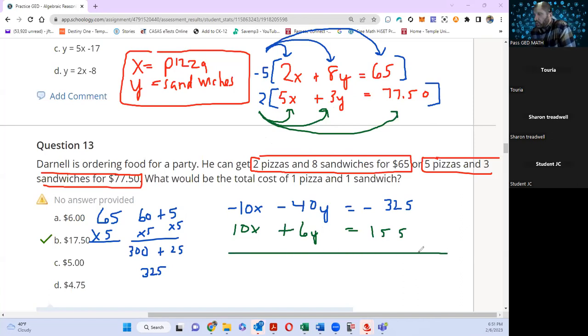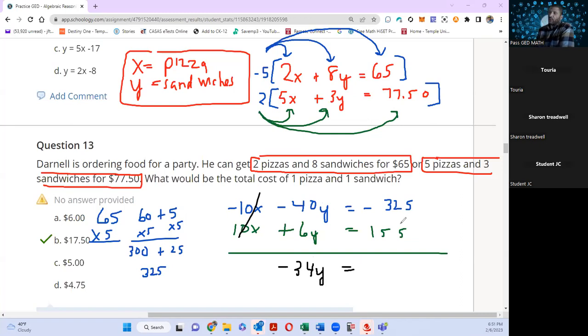Now, what you should notice when you combine these equations, what happens to the 10x's? They cancel out. Bam. Now I'm going to combine minus 40y and plus 6y. What do I get? Minus 34y.